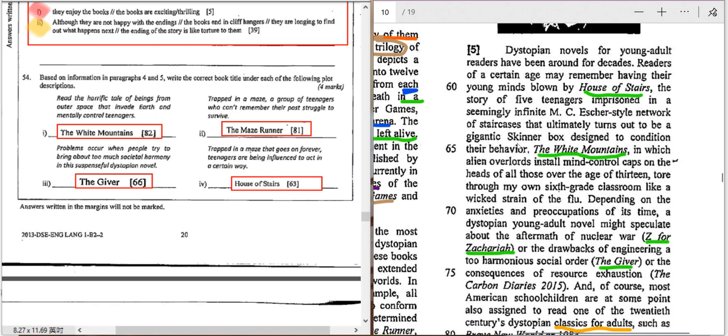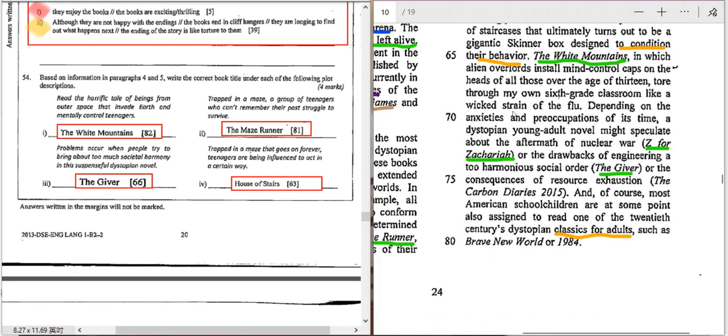It turns out to be a gigantic box designed to condition the behavior, to control the behavior, to where they are being influenced to act in a certain way. So you find relationship here and there. Alright, behavior, condition, act, influence.